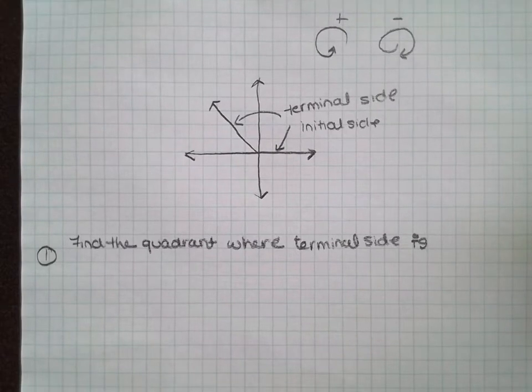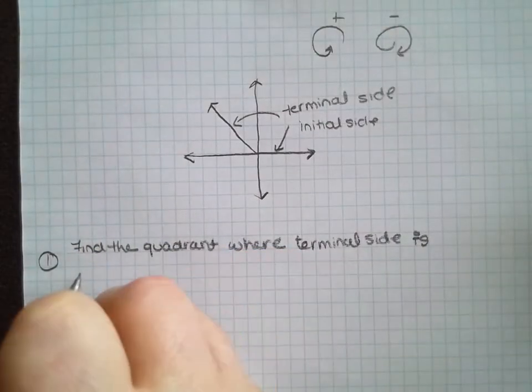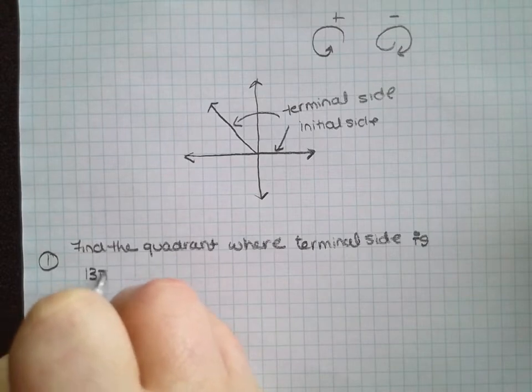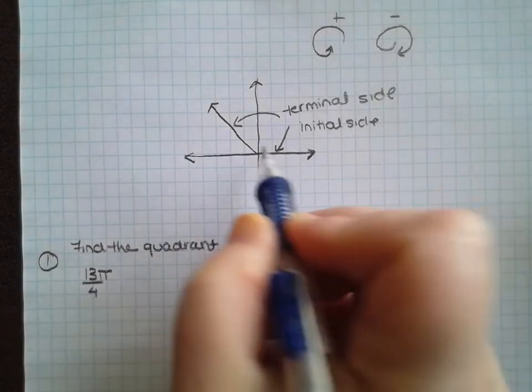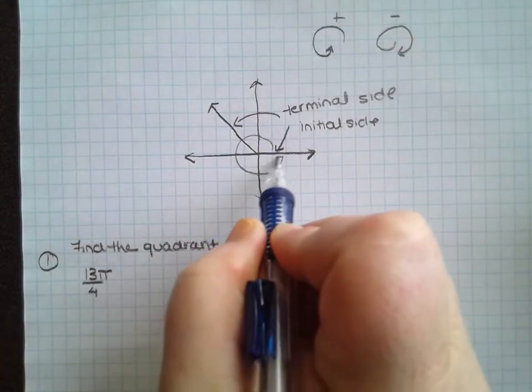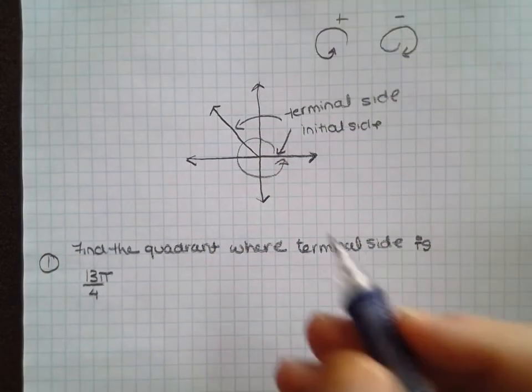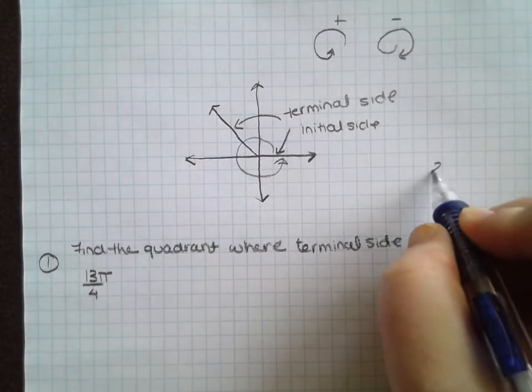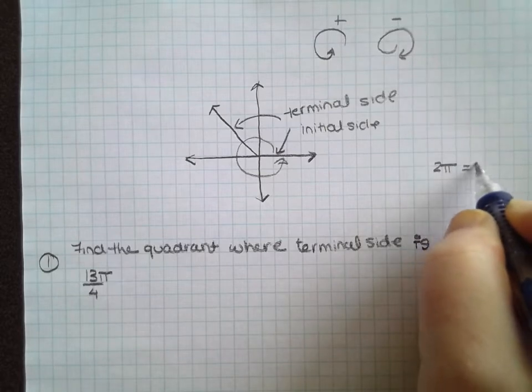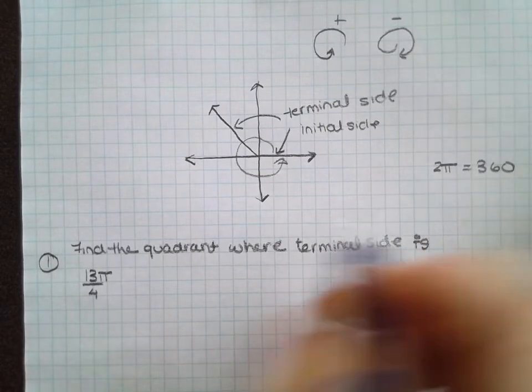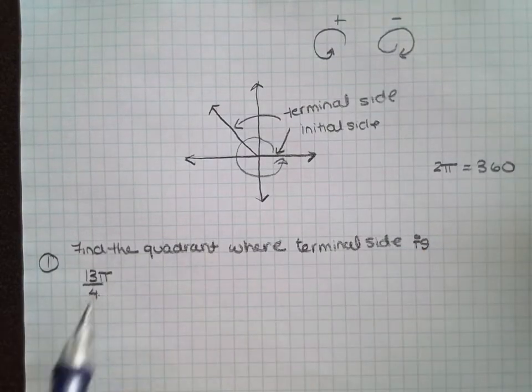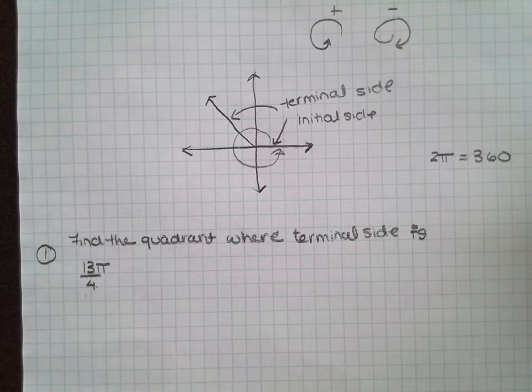So our first one is 13 pi over 4. Remember, if we do one full revolution, it's 2 pi. Remember, 2 pi is equal to 360 degrees. As you can see, this is over 1 full revolution. So what we have to do is find a coterminal angle, okay?